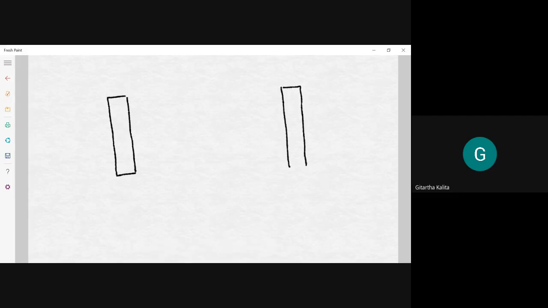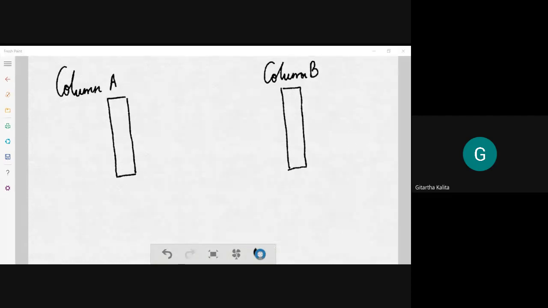Two different types of columns. No need to write this down. I am just trying to give you an understanding. Just try to understand the concept of buckling class.